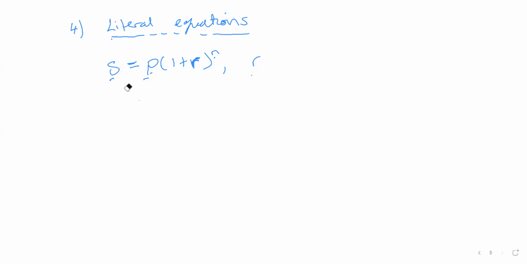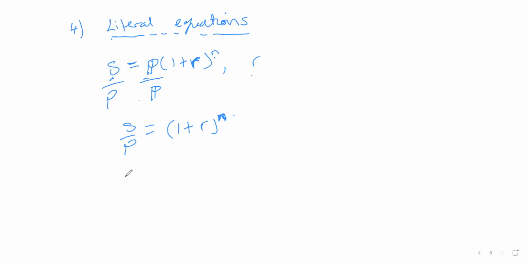So if we were to solve for R in this equation, the first thing we do is to bring P to the other side, dividing both sides by P. P cancels. S over P equals 1 plus R to the N. The next thing is to remove the N by taking nth roots of both sides.